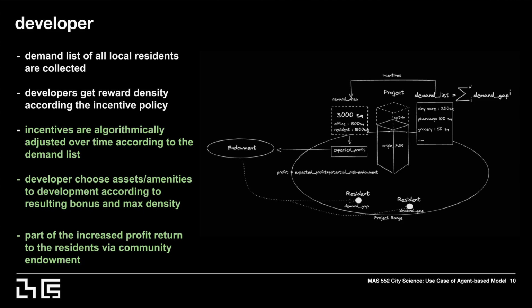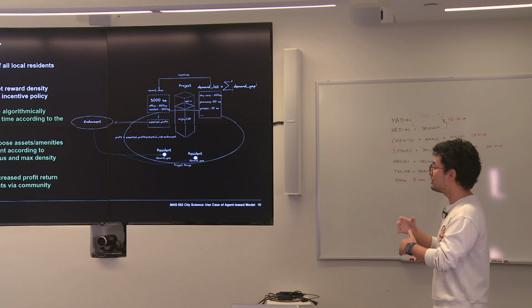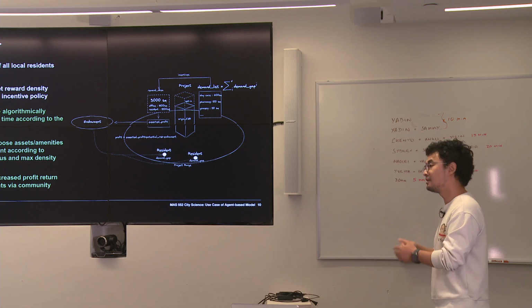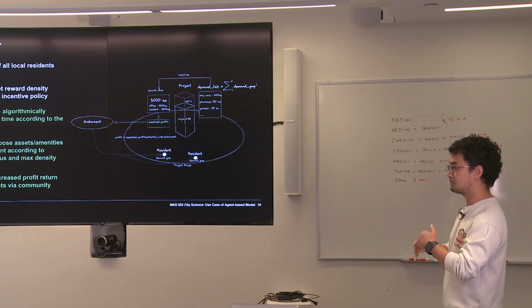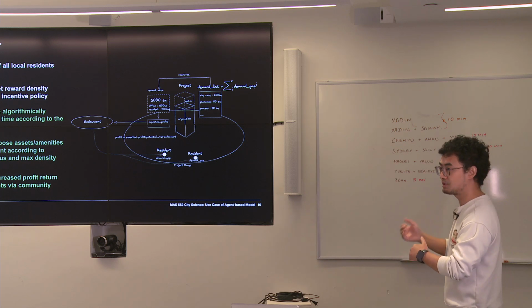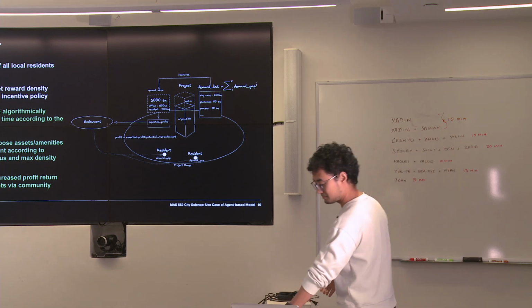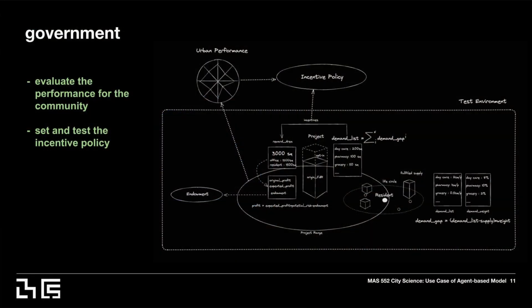This way, the developer will be happy to build what the residents need in the community, and the community will be happy to accept higher density because they get a direct return of the profit. Also, the government can evaluate the performance of the community through an index system, and they can set and test different incentive policies using our platform.